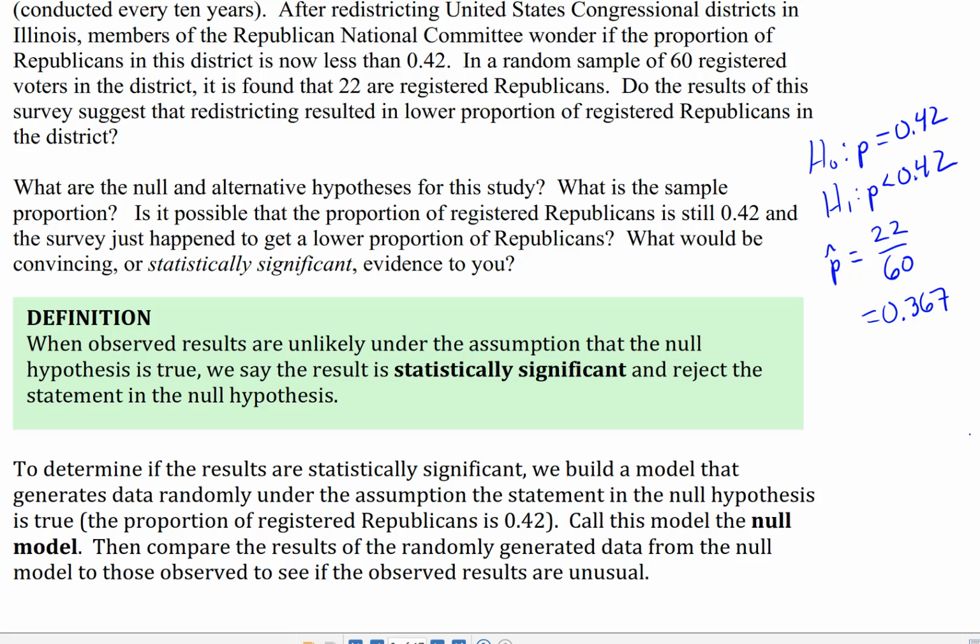We're going to assume the statement in the null is still true, and then what we're going to do is go out into the population and randomly select a bunch of individuals and ask them, are you a Republican or not? And then see how often we get results such as those we actually observed. Okay?